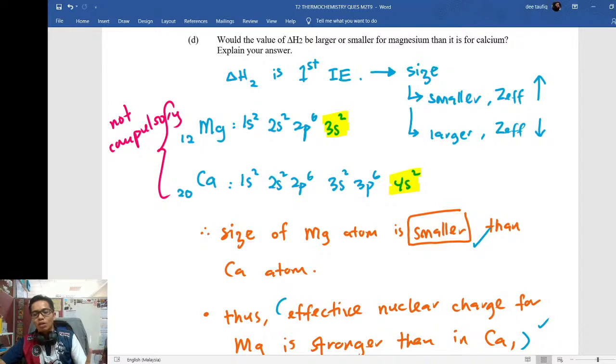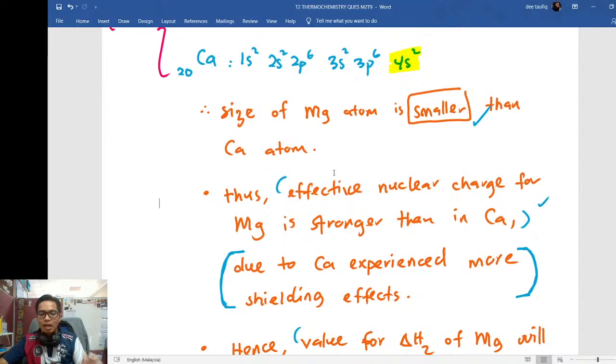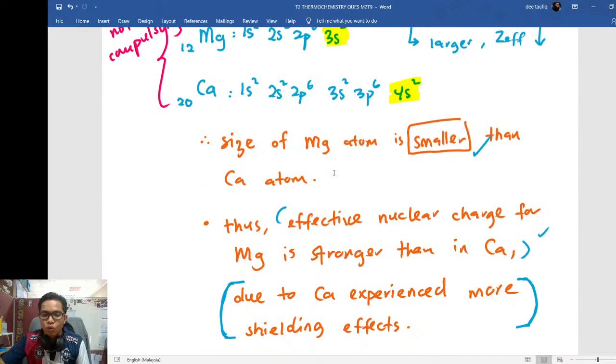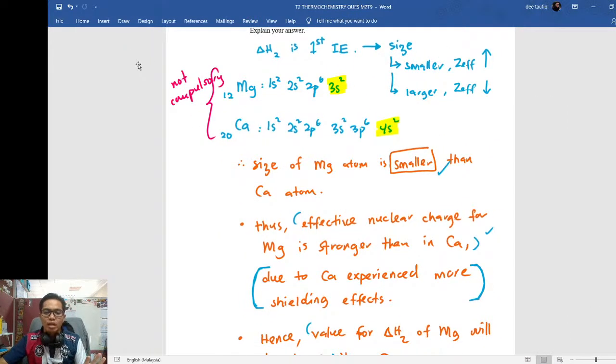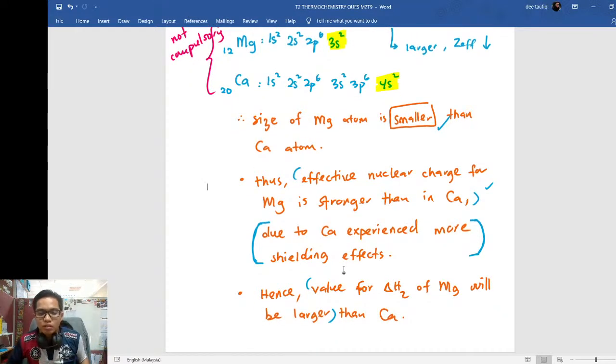It says the size of magnesium is smaller, therefore it experiences stronger effective nuclear charge, hence the value for delta H2 will be larger. That is enough for semester 2. No need to write 1s2, 2s2 and then mention the shielding effect, no need.